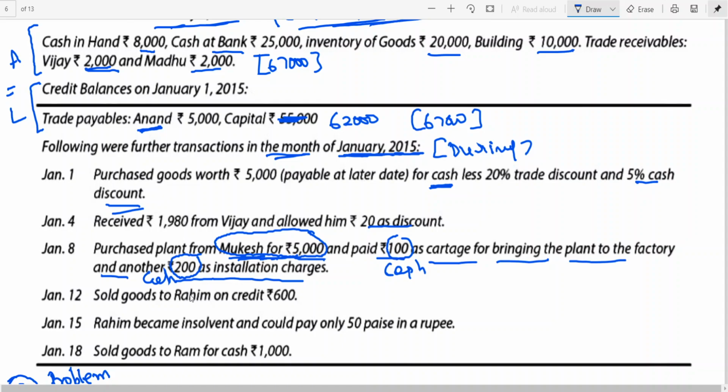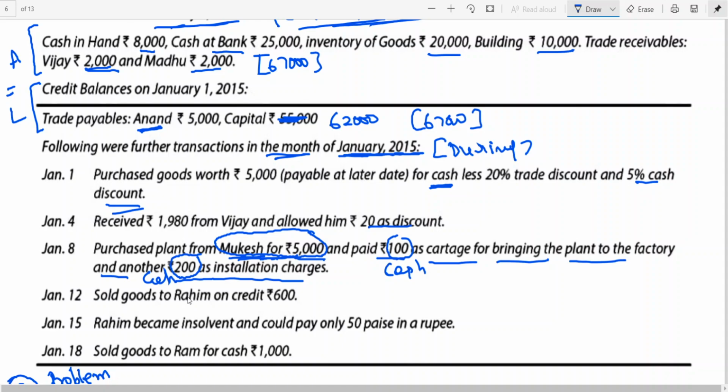Now I have told you in one of my previous classes on journal entries, whenever you buy any asset, whatever expenses you incur till you bring that item to usable condition, not saleable, usable condition, to be treated as an asset, it's a capital expenditure.